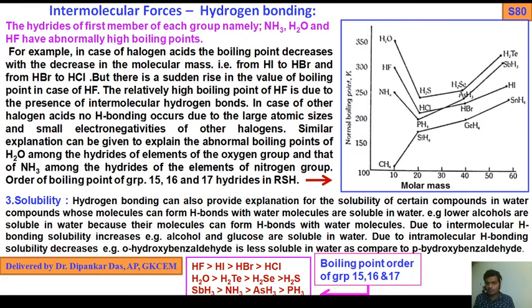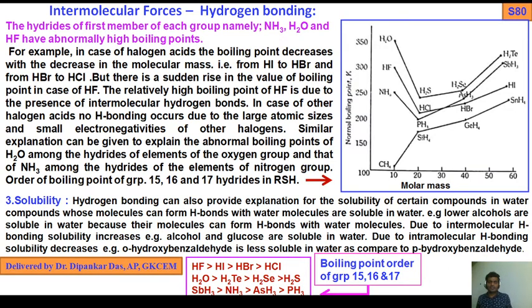Due to intermolecular hydrogen bonding, solubility increases. Alcohol and glucose are soluble in water, but with intramolecular hydrogen bonding, solubility decreases. As for example, orthohydroxybenzaldehyde, which can form intramolecular hydrogen bonding, and orthonitrophenol.